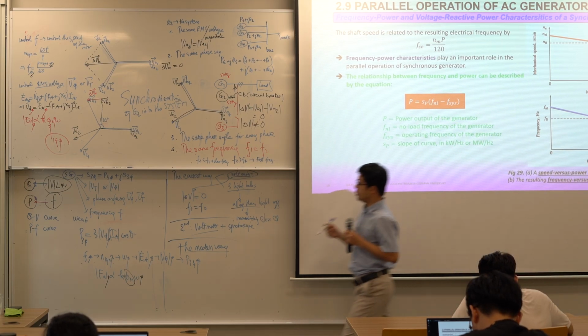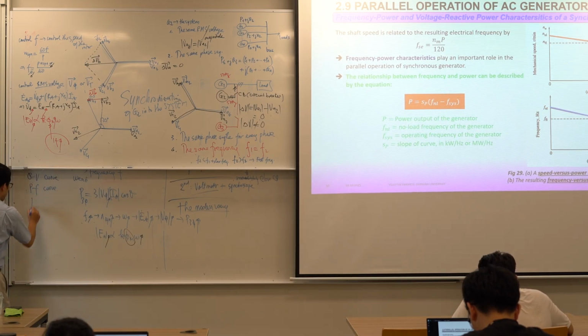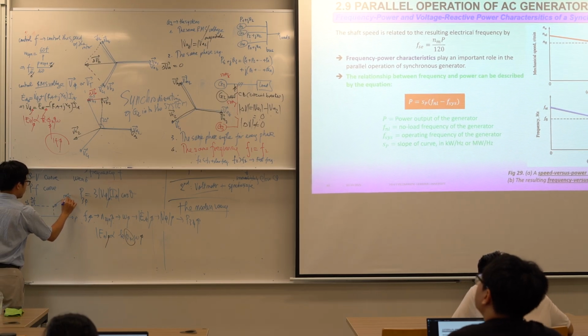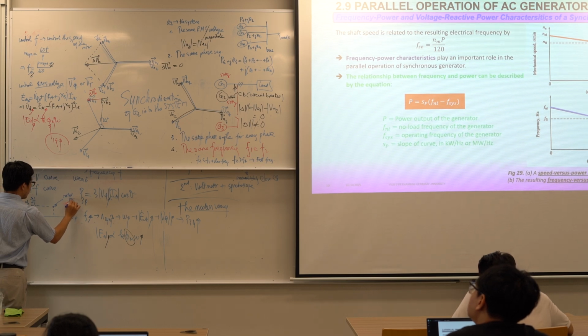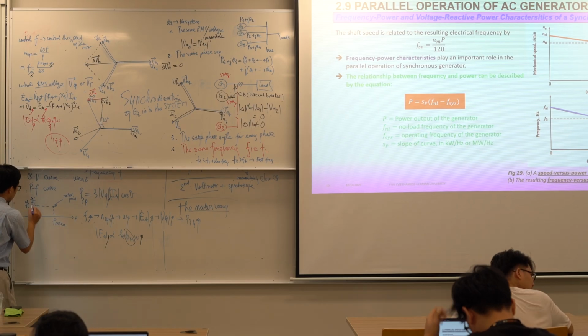So the formula: dF. Here we have F, we have P, right? This is no load, this is full load. Here this is rated power, so this is P rated.